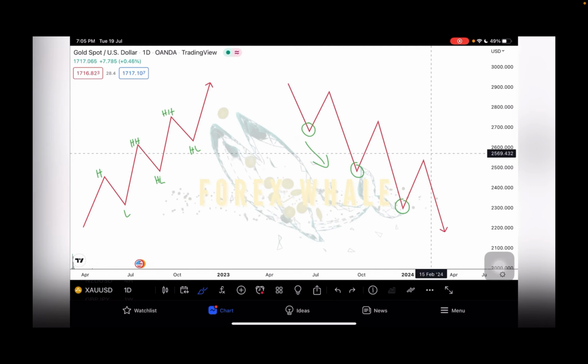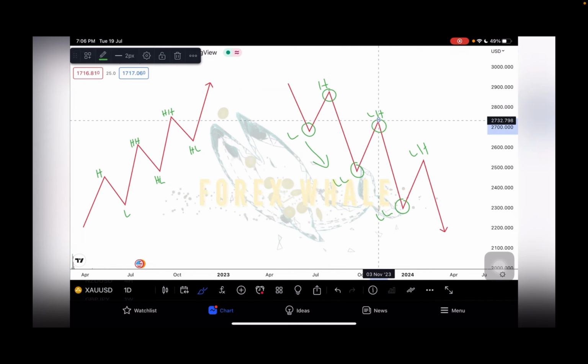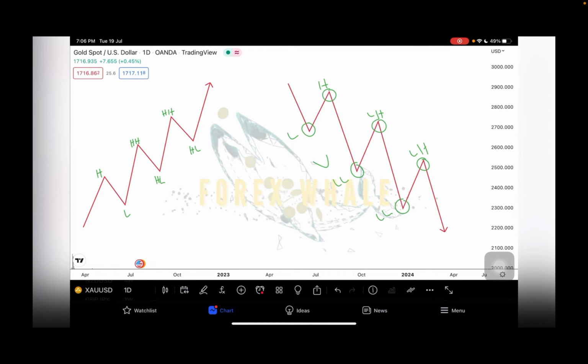So usually this is your lower low, lower high, lower low, lower high. So low, this is your high. Low, high, lower low, lower high, lower low, and lower high. If you have trouble understanding this, you can just take a screenshot now.